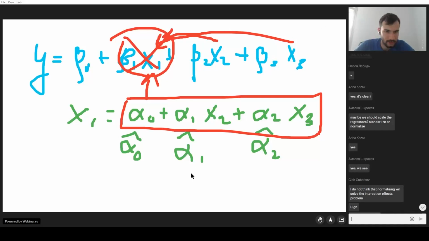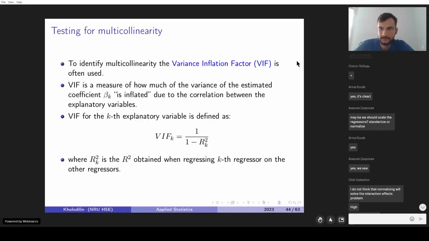Okay, let's go back to our slides. So if R squared is high, then this index is high as well, the VIF, because the denominator is low. Then VIF is high, so you have a high VIF for some regressor, and you want to drop out this regressor.